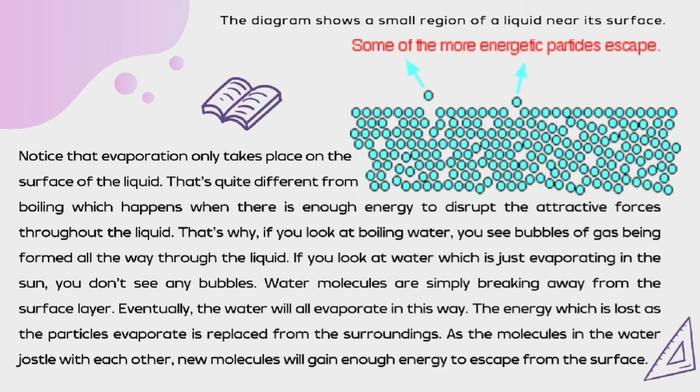If you look at water which is just evaporating in the sun, you don't see any bubbles. Water molecules are simply breaking away from the surface layer. Eventually, the water will all evaporate in this way. The energy which is lost as the particles evaporate is replaced from the surroundings. As the molecules in the water jostle with each other, new molecules will gain enough energy to escape from the surface.